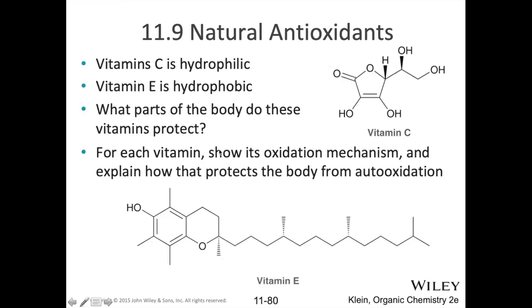All right. So now, while those preservatives are antioxidants, we have a lot of naturally occurring molecules that are antioxidants as well. A lot of vitamins like vitamin C or vitamin E are antioxidants as well.